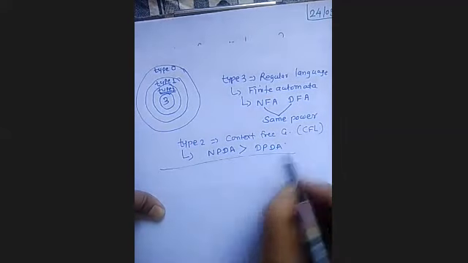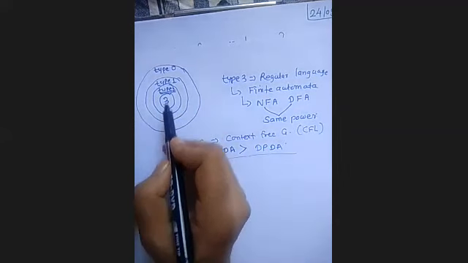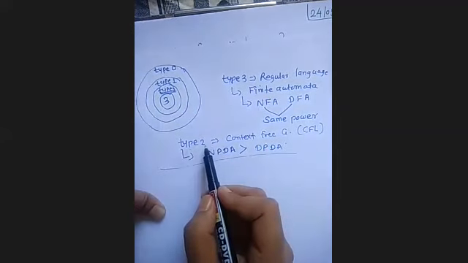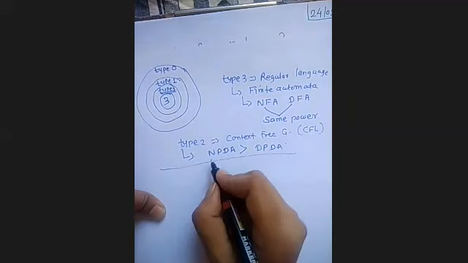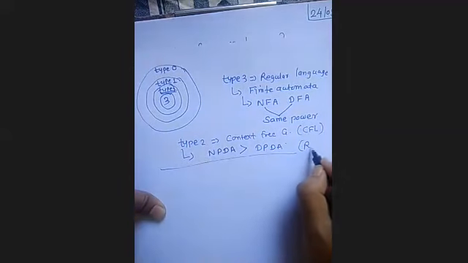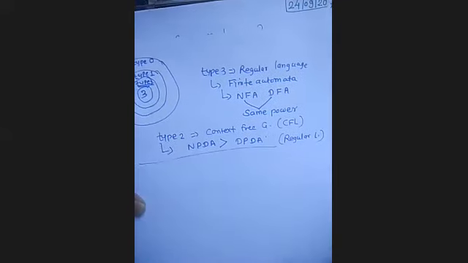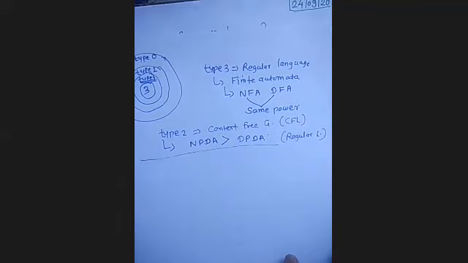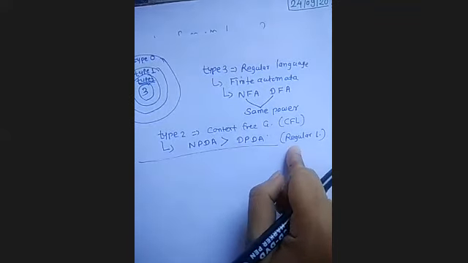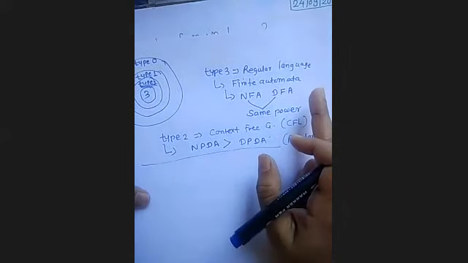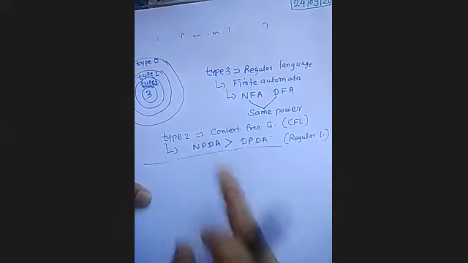But this type 2 is a superset of type 3. So type 2 can also accept this. That is, NPDA and DPDA also accept regular language. So the push down automata also accept the languages accepted by the finite automata because it is a superset of this.